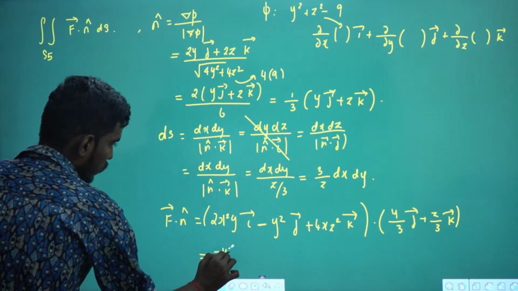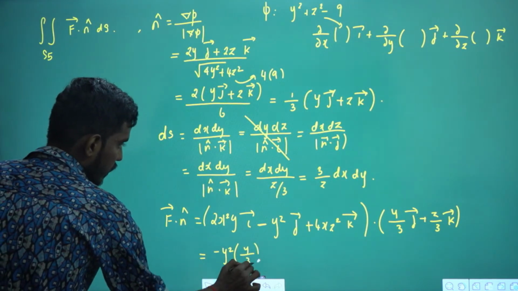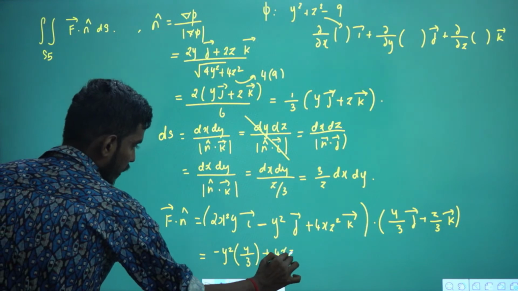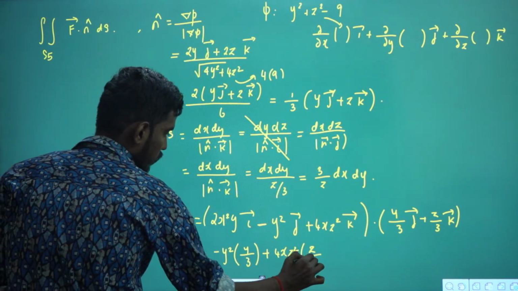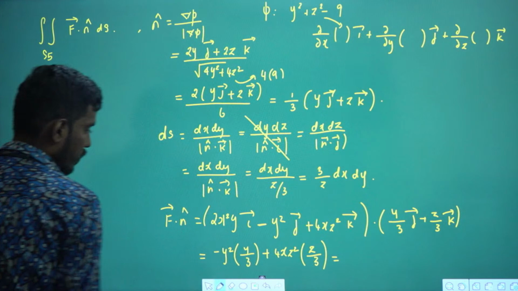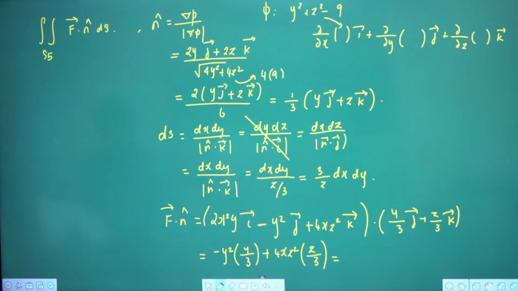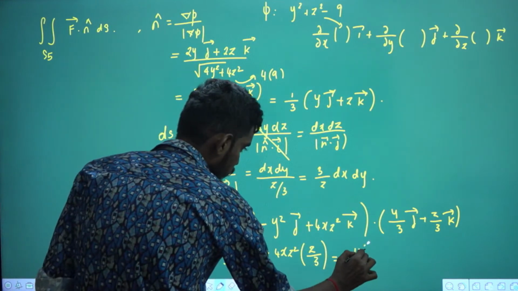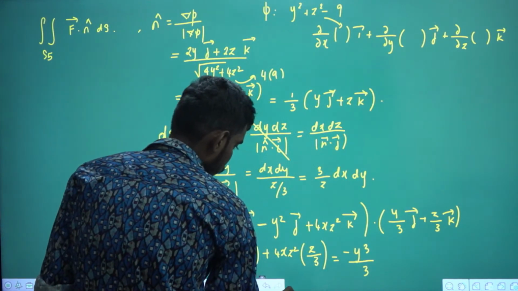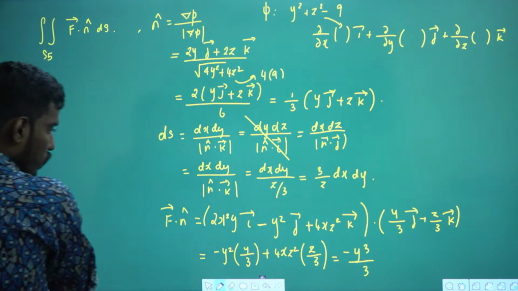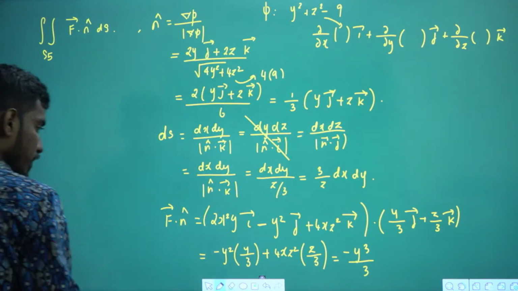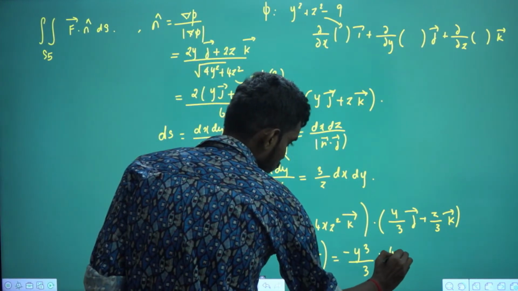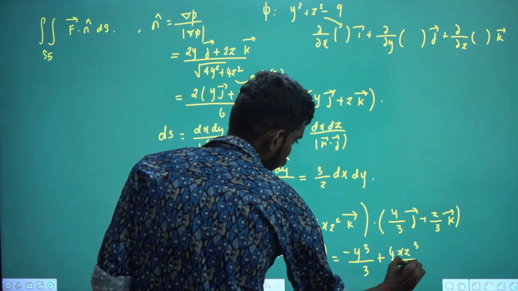So minus y square into y by 3 plus 4x z square into z by 3, right? So we will have minus y cube by 3 plus 4x z cube by 3.